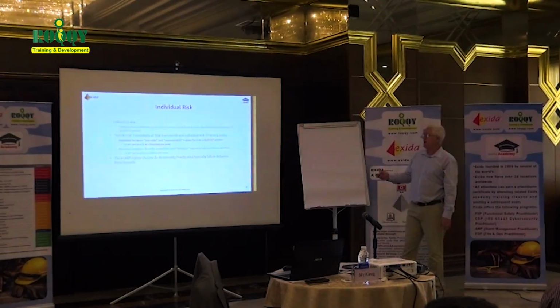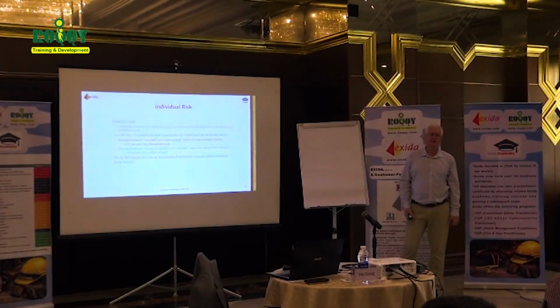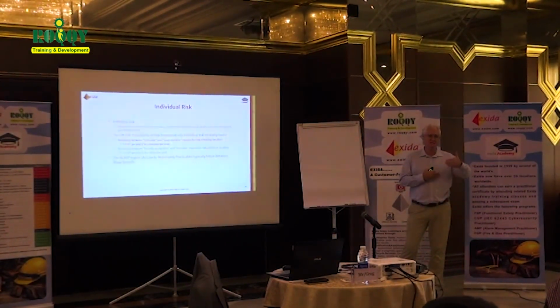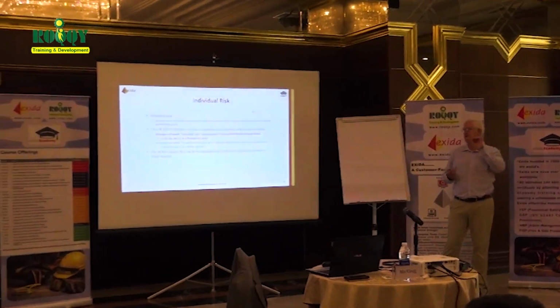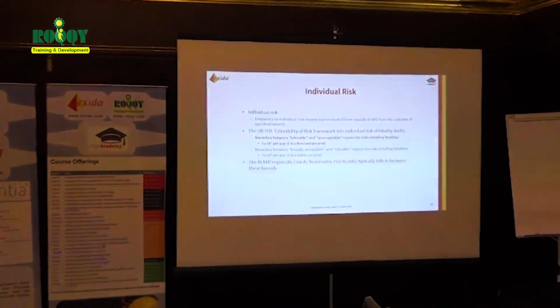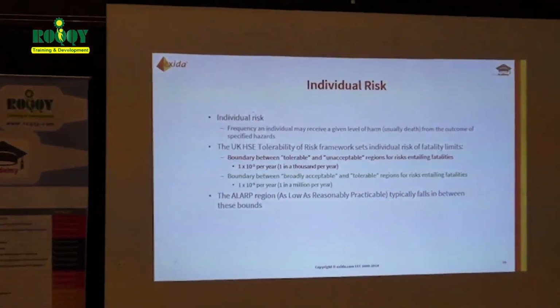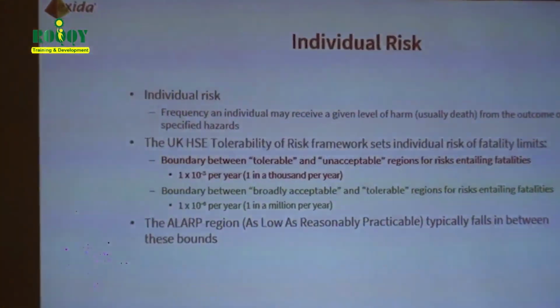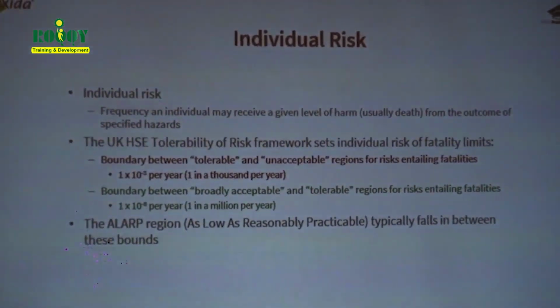Individual risk: the UK has defined certain bands. This is for a single individual, and they define the bands as the tolerable and intolerable regions. They set figures to it. It was the first country in the world to set figures to it. There's a problem with that, I'll explain that now.